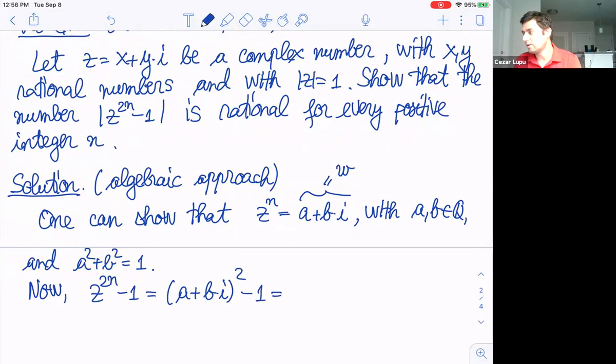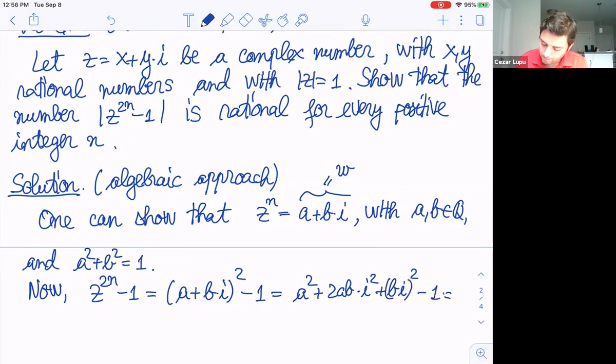And if you do all this algebra, this will be a squared plus 2abi plus (bi) squared, minus 1. And this will be equal to a squared minus b squared plus 2abi, minus 1.